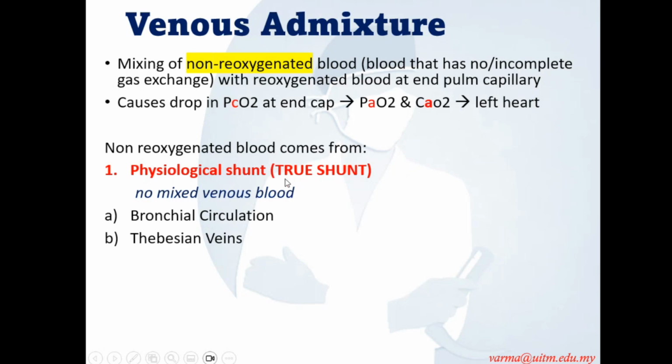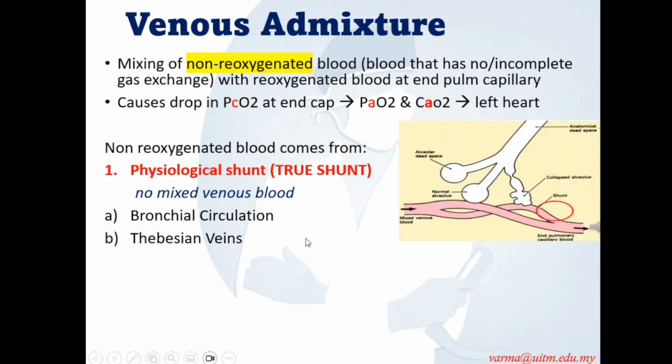This is the actual reason why there is a drop of PaO2 from 100 to 95, a drop of 5 millimeter mercury in a person who is healthy and young with no pathology. Even though the lungs are okay and the person is well, why is there still a drop of 5 to 10 millimeter mercury of PaO2 from alveoli to artery? Because of this. This is present physiologically.